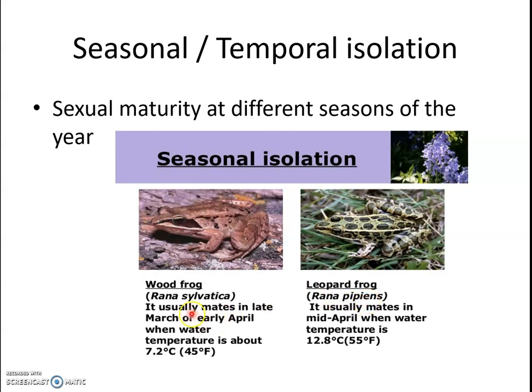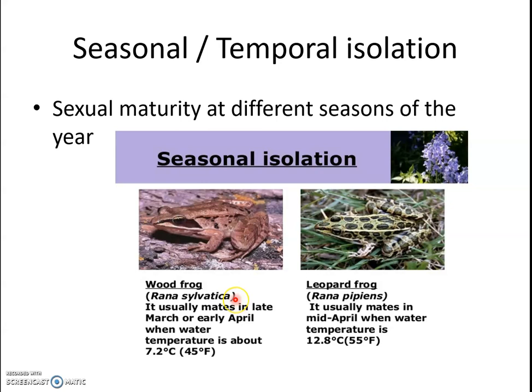So these three species reside in the same pond, but they have different breeding seasons. So there is no chance of interbreeding between the members of these species.